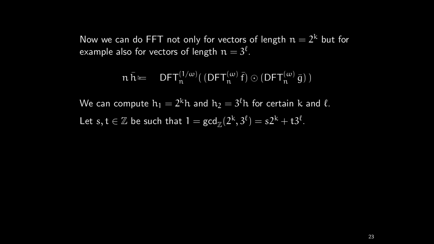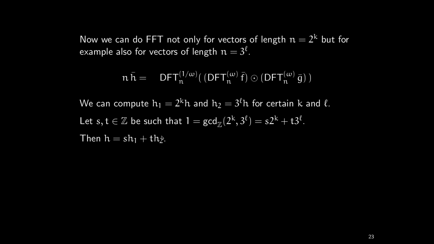So that means if I have computed this one twice, once for n equals 2 to the k and once for n equals 3 to the l, then s times this one plus t times this one gives exactly h. So that's what we want. And this now works in every characteristic.